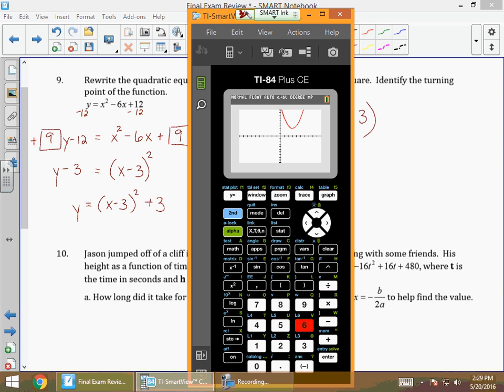If you have to identify that turning point, you can hit second, trace, and you want to calculate the bottom, which is a minimum, so number 3. So I go down to number 3. The calculator asks for a left bound, so that's to the left of the bottom.